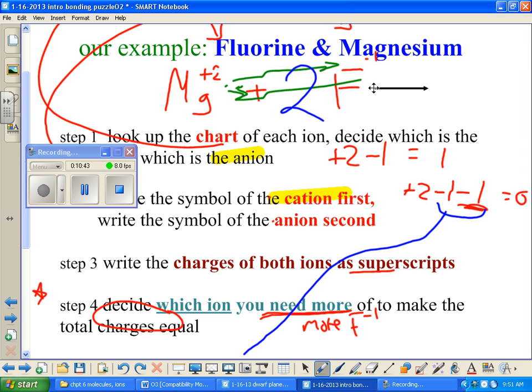Last step, we're going to rewrite the Mg. It gets to go first again. It's always first. We're going to rewrite the F. It comes second always because it's the anion. I'm going to rewrite them. And see this 2? It is a coefficient to start with, but when you're done, it moves over here and becomes a subscript.